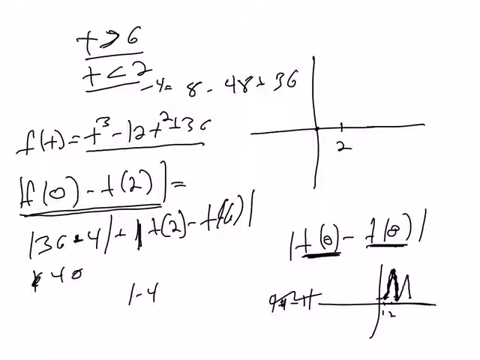So you're going to have 6 to the third power minus 12 times 6 squared.